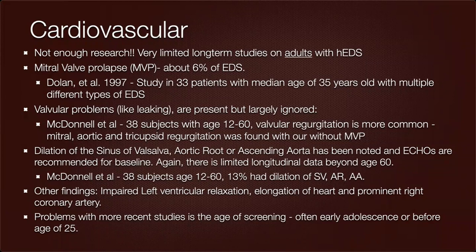So again, this is why I usually advocate for echocardiograms regularly. Other findings are not quantified very well, but the long and the short of it is that there are some cardiac symptoms involved.